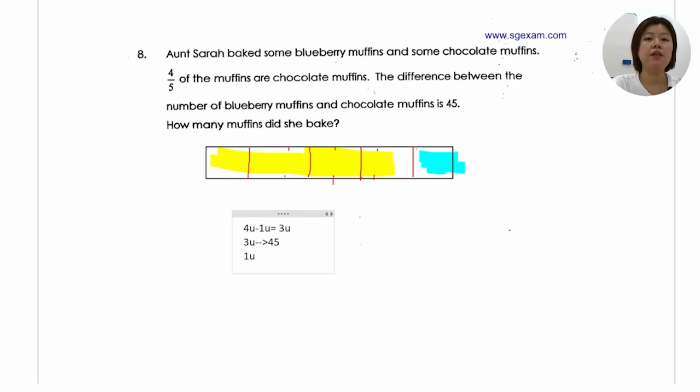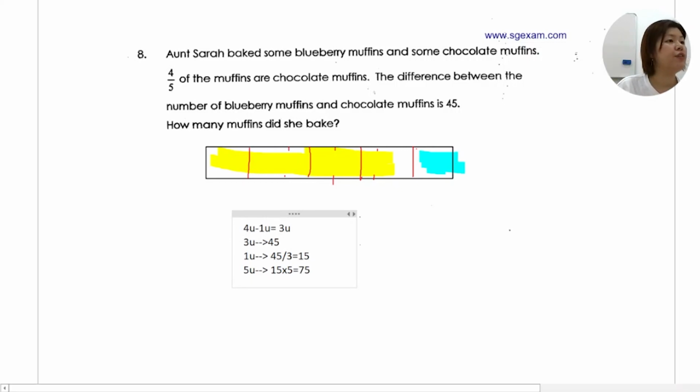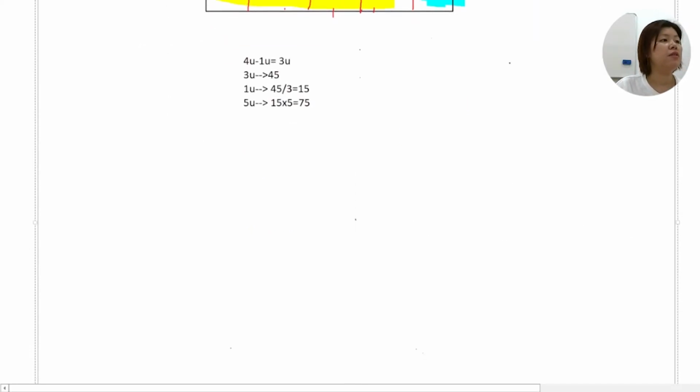And 1 unit is actually 45 divided by 3, which gives you 15. So how many muffins did she bake? Altogether is 5 units, so 5 units is 15 times 5, which will give you 75. Okay, next one.